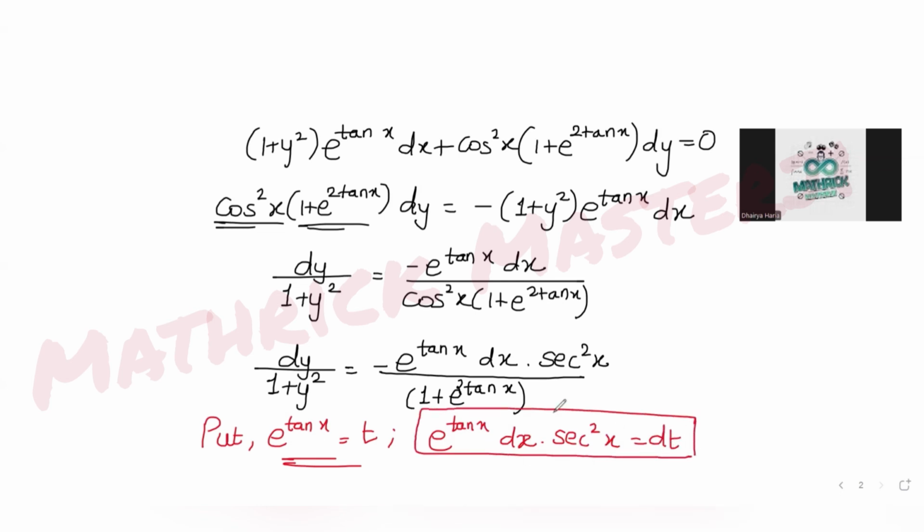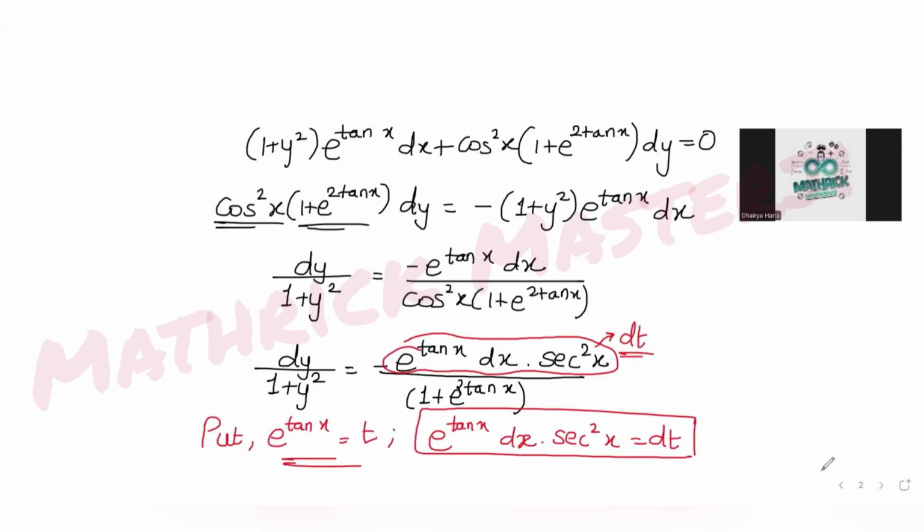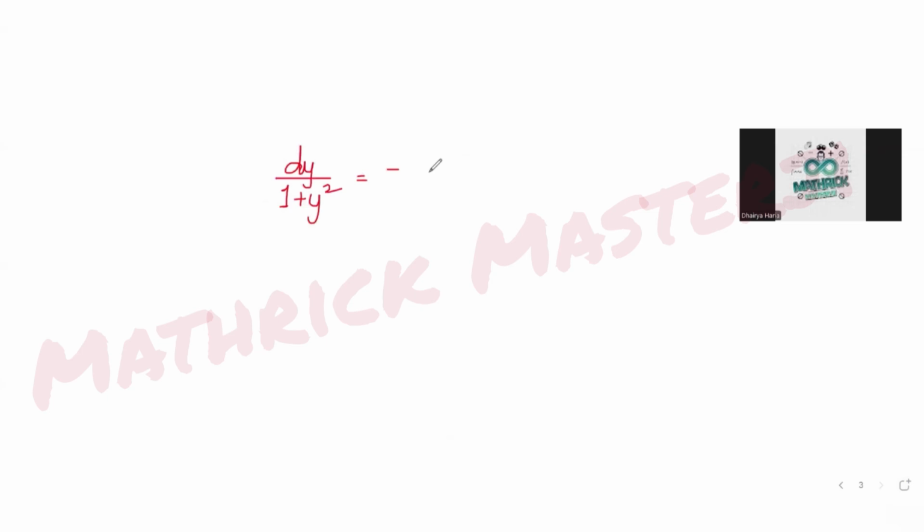So e raised to tan x sec square x dx turns out to become dt. So I get dy over 1 plus y square equals minus dt over 1 plus t square.